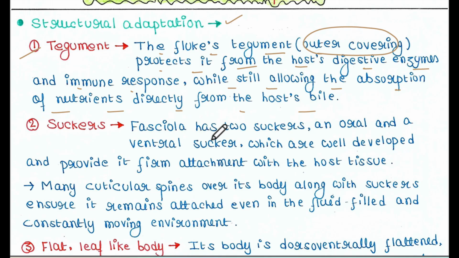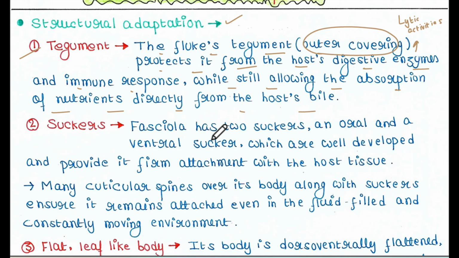So, the digestive enzymes of hosts have lytic activities, and its immunity will also have defensive roles. But the parasite has a specifically adapted outer covering which protects it from them, and it doesn't inhibit absorbing the nutrients directly from the host's bile, since it survives in the bile of the host.